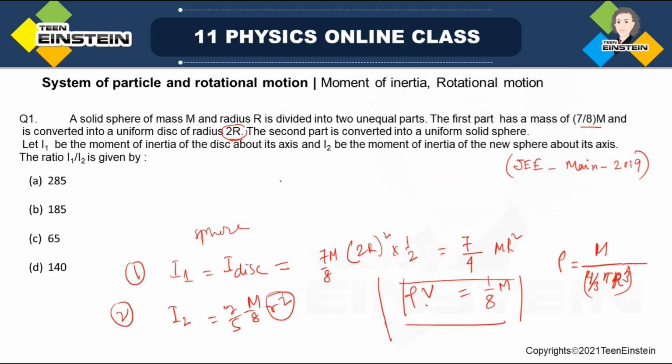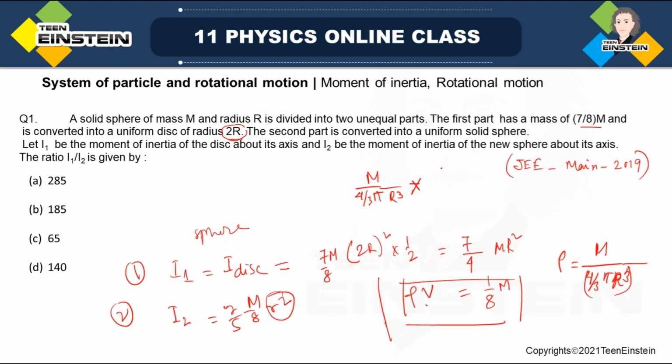Then we can write what rho is. Rho is M by 4 by 3 pi capital R cube, this is the mass per unit volume.